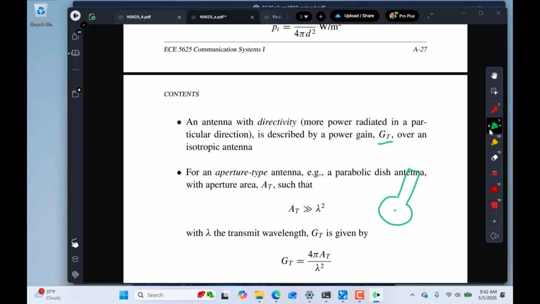Taking it in the limit, it has no gain in anything but the beam width of the antenna.